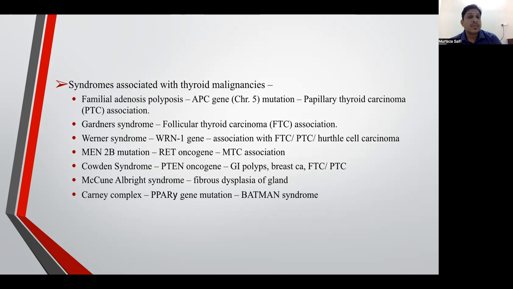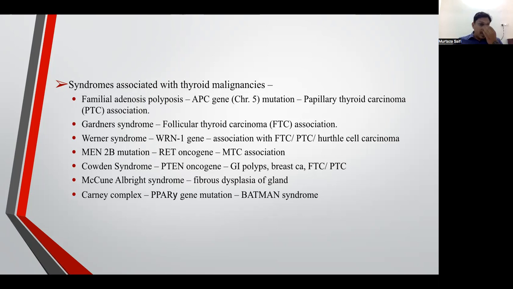Then Werner syndrome, WRN gene is there, associated with FTC, follicular thyroid carcinoma, papillary thyroid carcinoma, and Hurthle cell carcinoma. Then MEN2B, RET oncogene mutation, medullary thyroid carcinoma association. Then Cowden syndrome, PTEN oncogene, then GI polyps, breast carcinoma, follicular thyroid carcinoma, and papillary thyroid carcinoma.